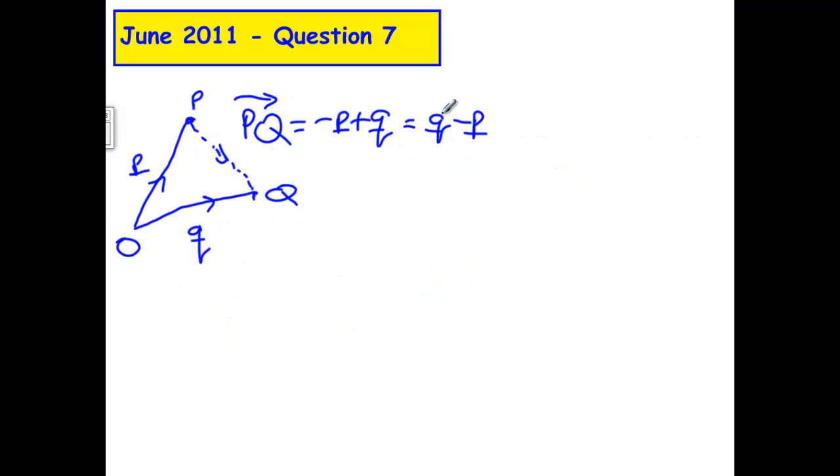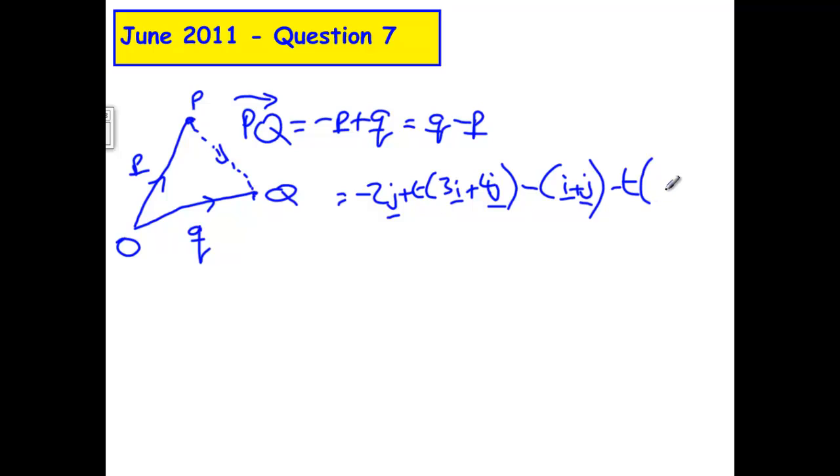So for q, I'm going to do q take away p. So q is equal to minus 2j plus t times 3i plus 4j. I'm going to take away my expression for p, which is taking away i plus j, and then taking away t times 2i minus 3j.